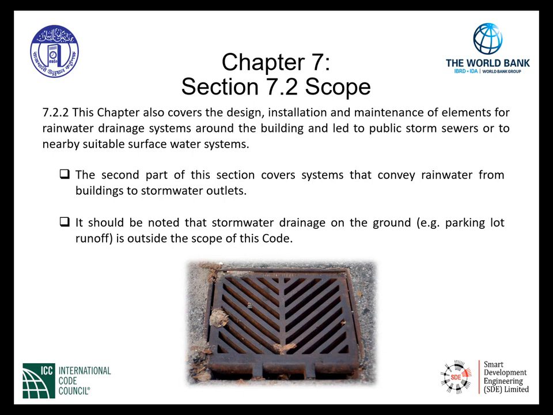It should be noted that stormwater drainage on the ground, such as parking lots, runoff areas, is outside of the scope of this code. Again, any stormwater drainage on the ground is definitely outside the scope of this code. This section makes it very clear the limitations of rainwater management systems covered in this chapter.